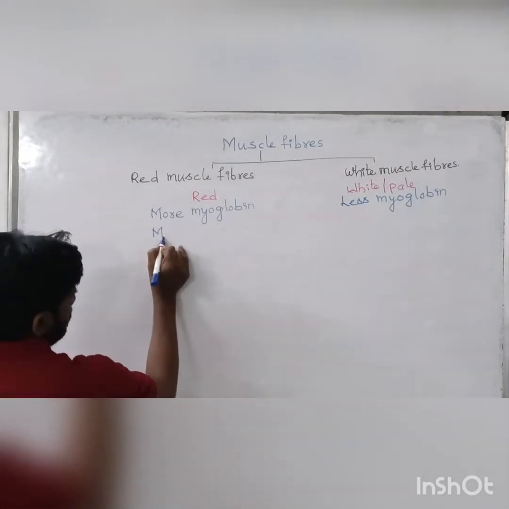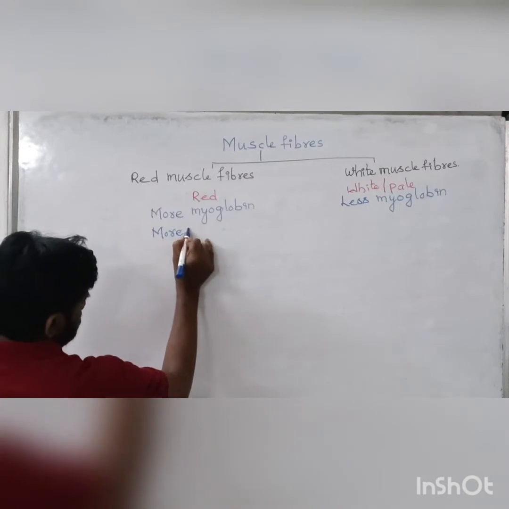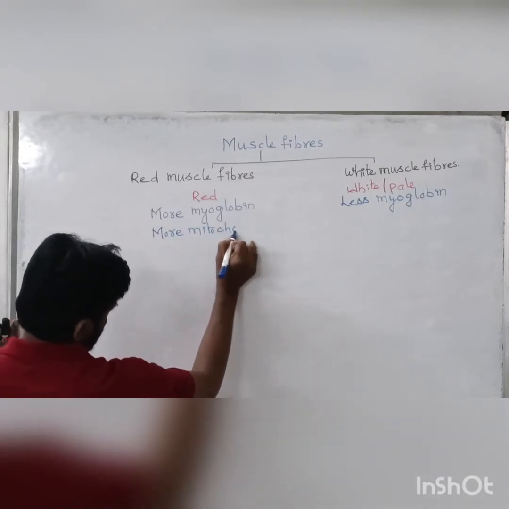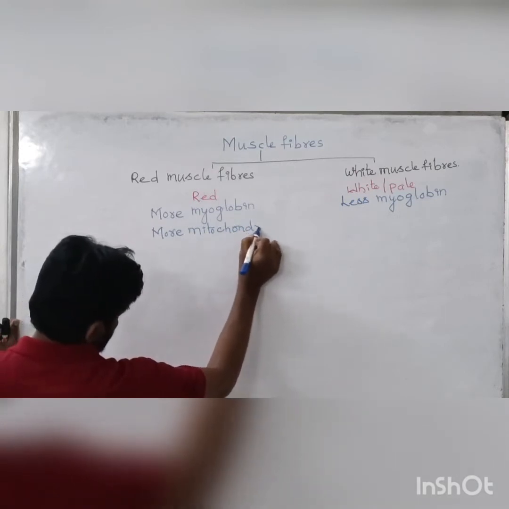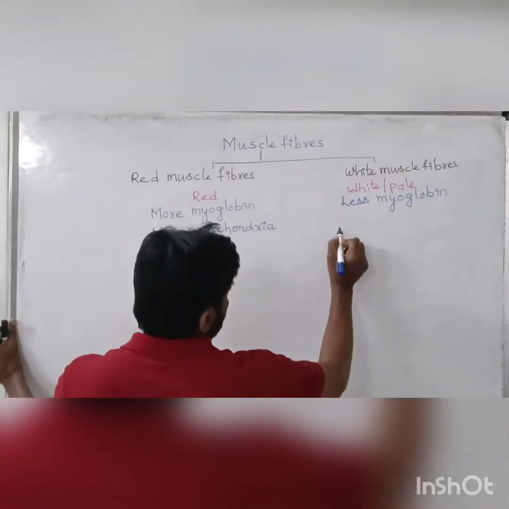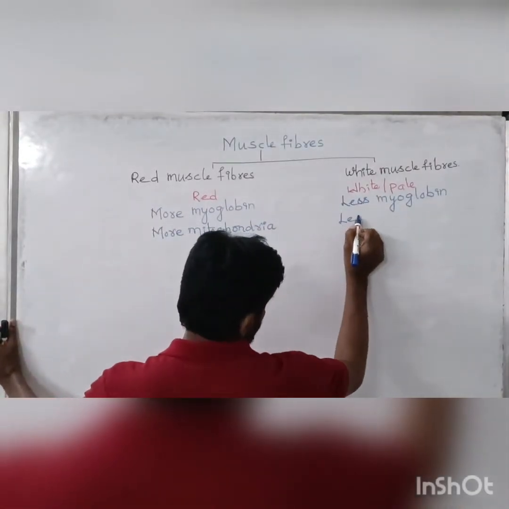Red muscle fibers have more mitochondria, and white muscle fibers have less mitochondria.